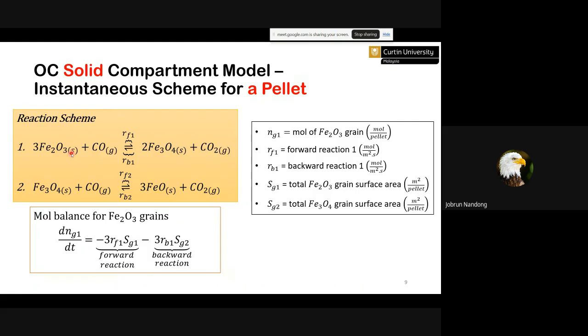So this is the notation. Again, there's a note for this. I will not read the notation because I just want to reduce the time for the presentation. So I just focus on the main one. The forward reaction here must be positive, and the backward reaction is supposed to be negative. So there's a sign convention for that.